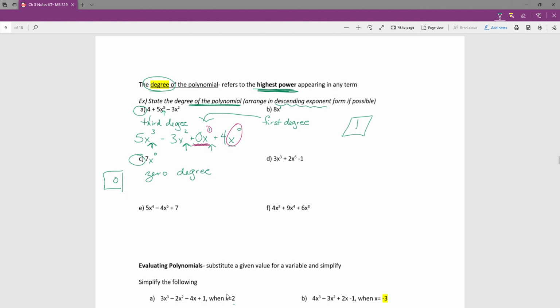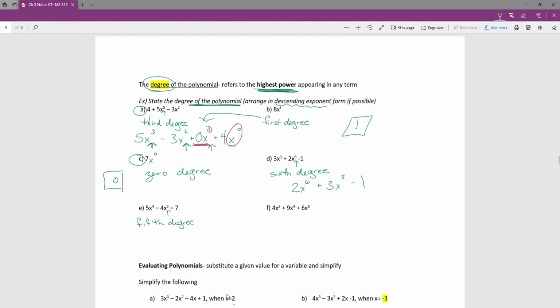It's a monomial. So D, if I move on to that one, the highest exponent that I can see is a 6. So that would make it to the 6th degree. And writing it in descending order, I'd have a 2x to the 6, a positive 3x cubed, and a minus 1. The next one's down here. So E, the highest exponent I can see is a 5, so that makes it to the 5th degree.